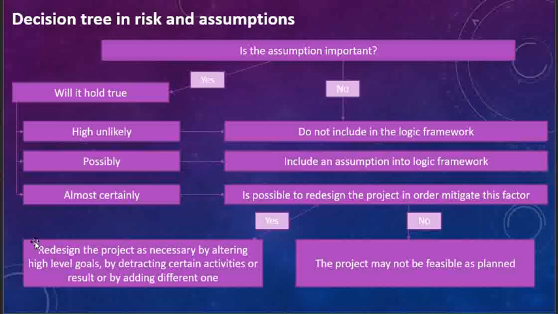All right. Then let's say it is possibly occurring. If it is possibly occurring, then include it as an assumption in the logic framework. Then almost certainly. If you are sure that a risk is going to occur, what would you do? I'm sure you're not going to take this at some level, but let's say you're coming up with a law, or you're creating a program that would ask the communities to embrace LGBTQ.